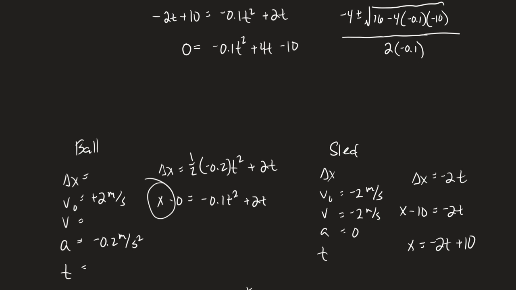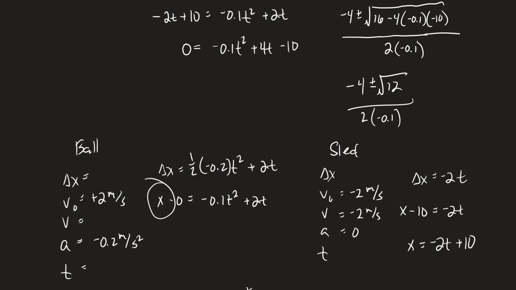So 4 times 10 is 40. 40 times 0.1 is 4. So I get 16 minus 4. So this is minus 4 plus or minus the square root of 12 over 2 times negative 0.1. We might get a real time.